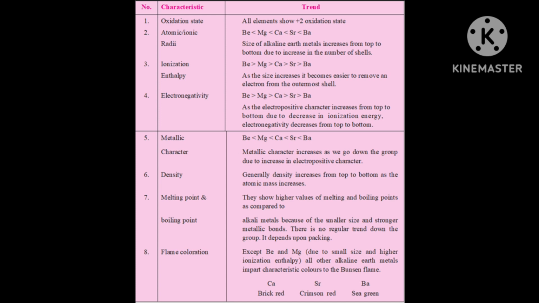I told you magnesium 924 and calcium more than magnesium, that is 1124, and after that strontium 1062, okay, and barium 1002, and radium 973.